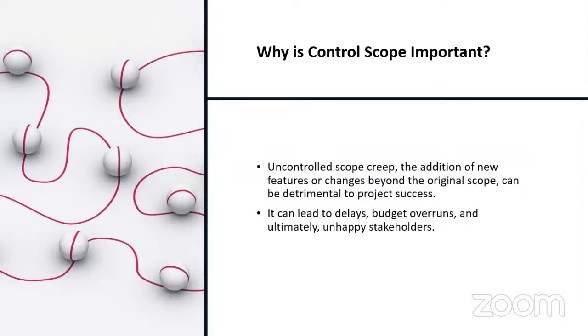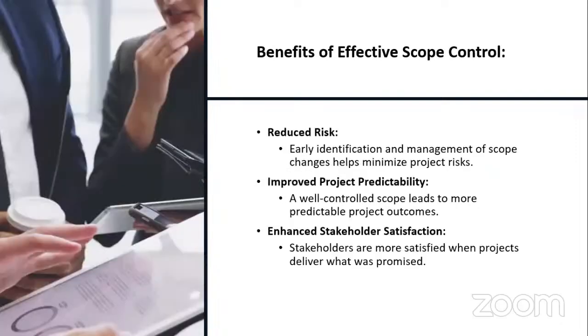Why is scope control important? Uncontrolled scope creep, the addition of new features or changes beyond the original scope, can be detrimental to the project success. It can be detrimental to the budget and the schedule, and can lead to delays, budget overruns, and ultimately unhappy stakeholders, and you don't want that.